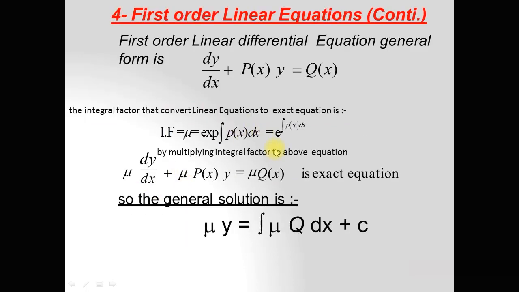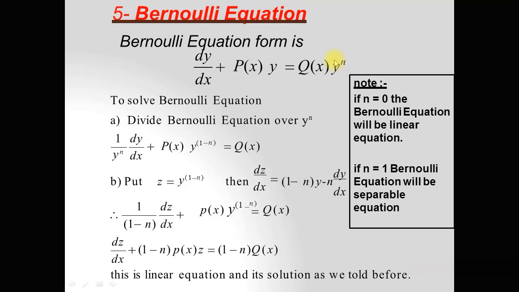So if we put n equal to 0 in this equation, then the degree of the dependent variable and its derivative is 1, so the Bernoulli equation becomes a linear differential equation. And if we put n equal to 1, then the Bernoulli equation will be in separable form. We can easily solve the Bernoulli equation by separation of variables if n is equal to 1.